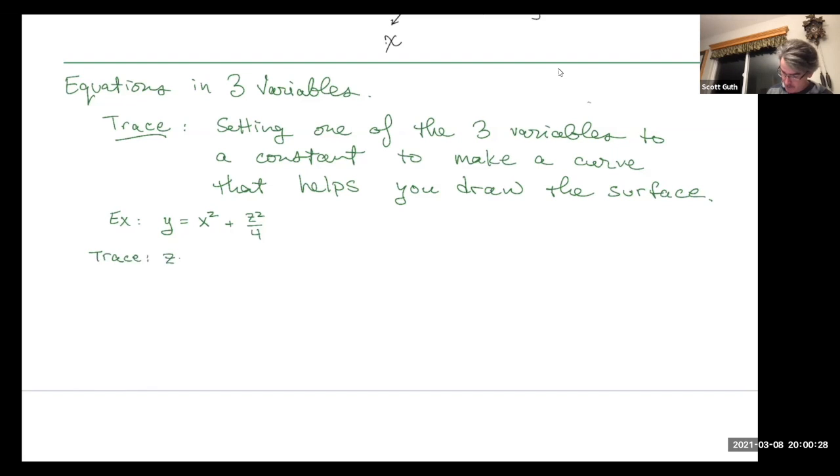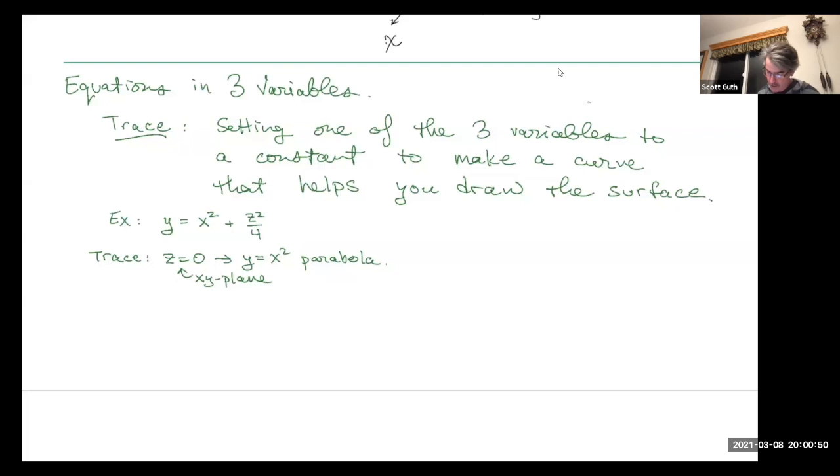First, z equals 0. Okay, so that becomes y equals x squared, which is a parabola. Okay. The z equals 0 plane. This is z equals 0 means that's the xy plane. Okay.